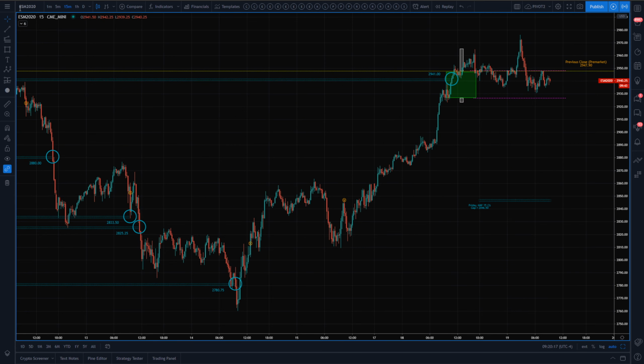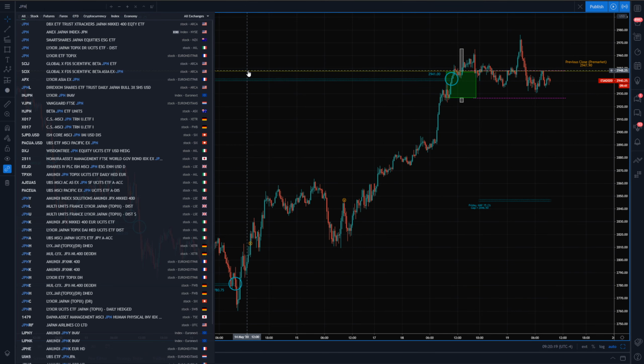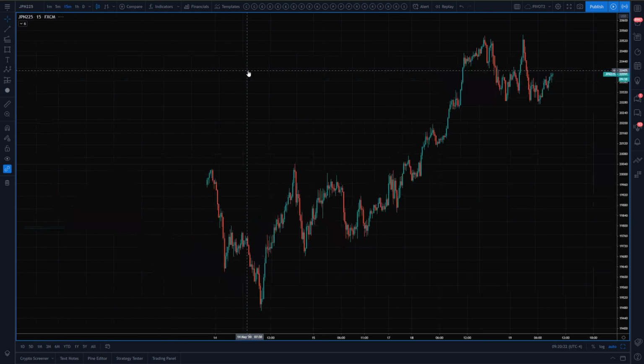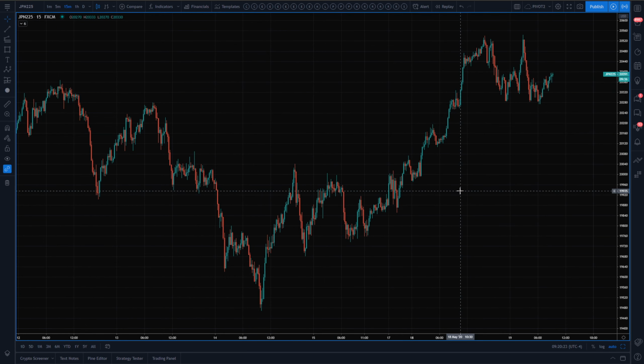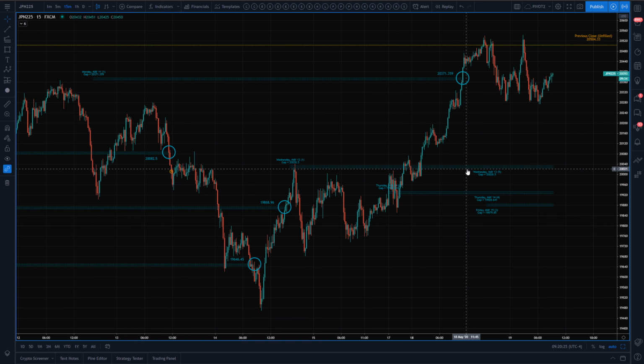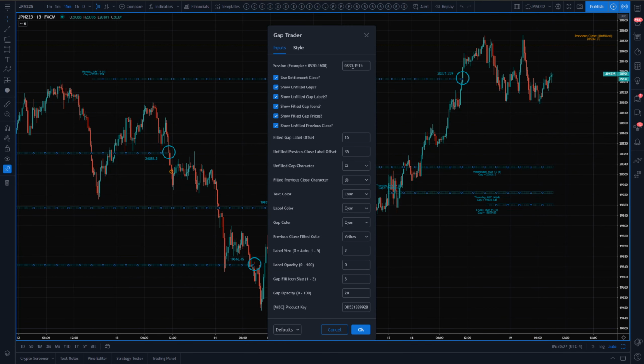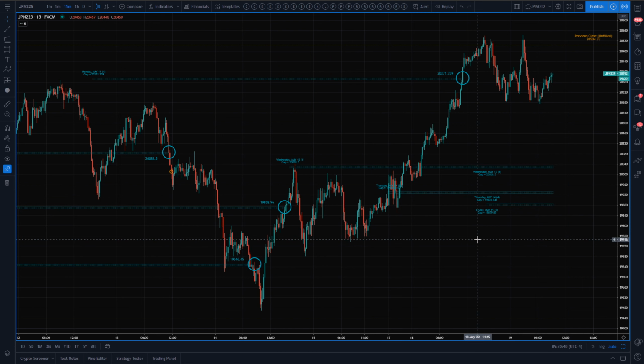You can also do things like CFDs, and you're going to want to change the session window.